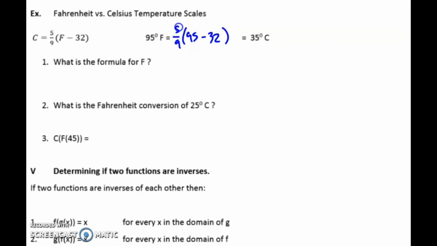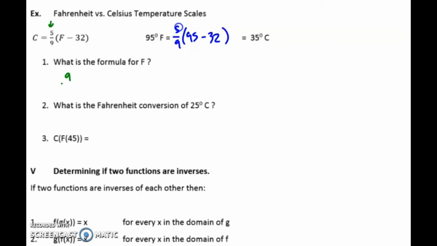Now, question number 1 says, what is the formula for F? Well, what if I gave you the Celsius temperature and I wanted the Fahrenheit temperature? So what I want now is a formula that has F equals something in terms of C. So we're going to go through this kind of quickly. What we're going to do first is get rid of this 5/9. So I'm going to multiply both sides by 9/5, multiply by the reciprocal.